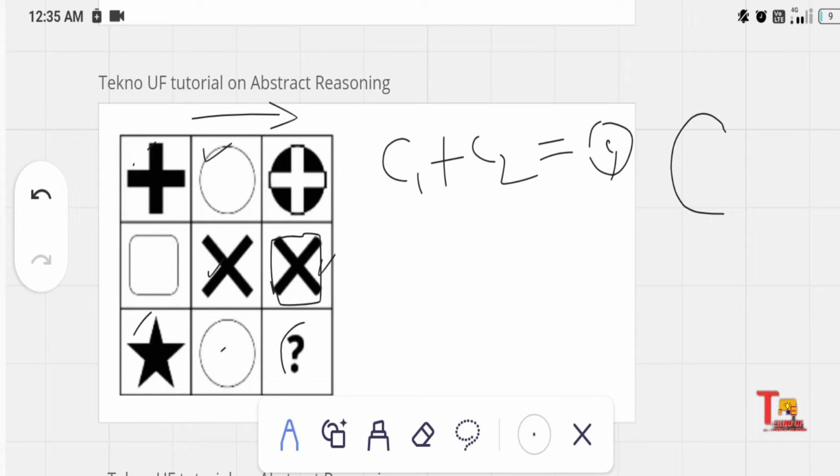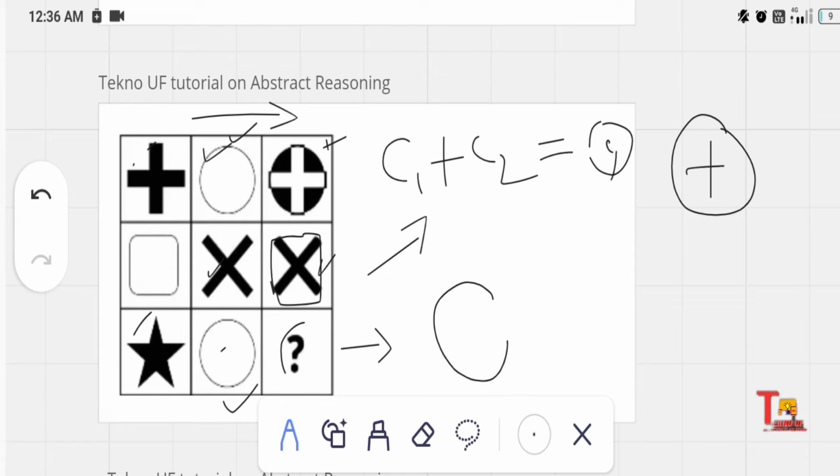That means the circle in the second column is shaded first, then the plus is imposed inside it, right? In the second row it is not shaded like this, but it maintains this logic, c1 plus c2, okay? And here this row and this row are the same actually. So inside the circle that should be shaded, so let's shade this.